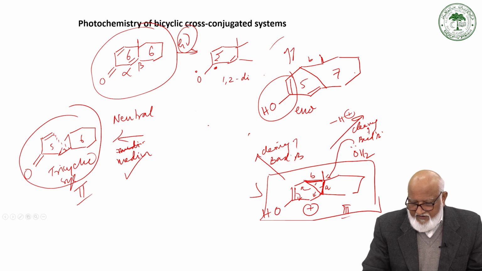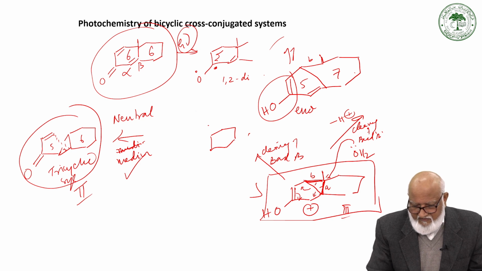We have a 6 member ring here as well, 1, 2, 3, 4. There is already a bond here. It gets cleaved, and there is a shifting of this double bond to this.